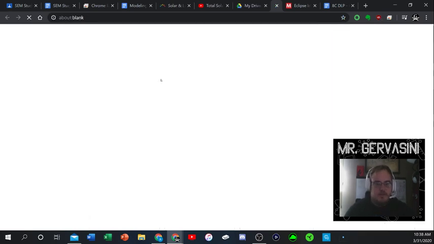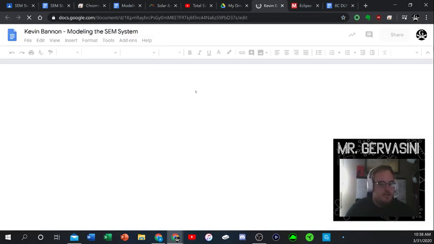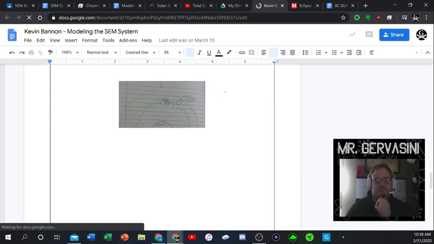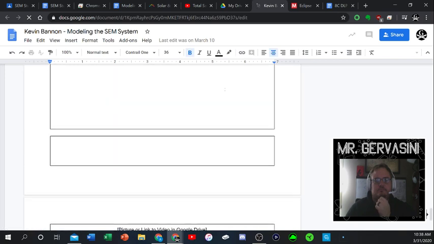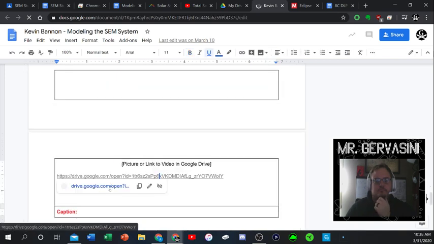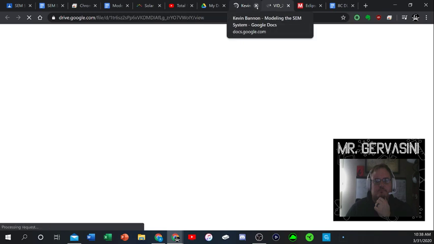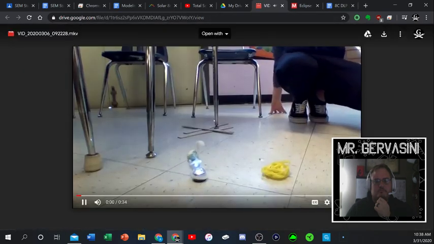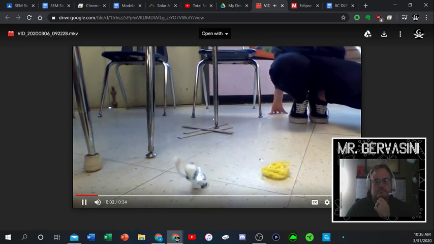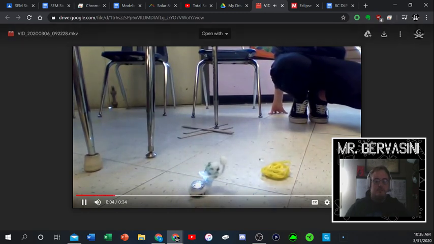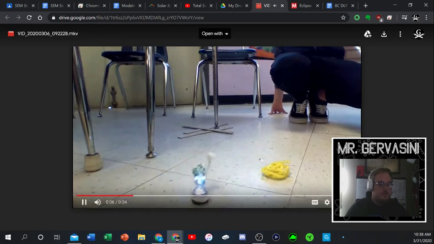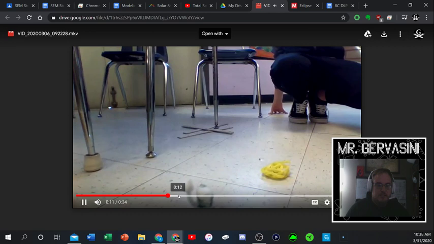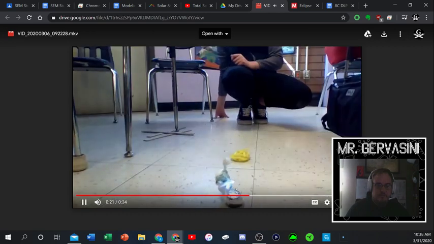Kevin used an Ozobot. He made his own code for it. Again, pretty ingenious use of the Ozobot. It is revolving and rotating around the sun.